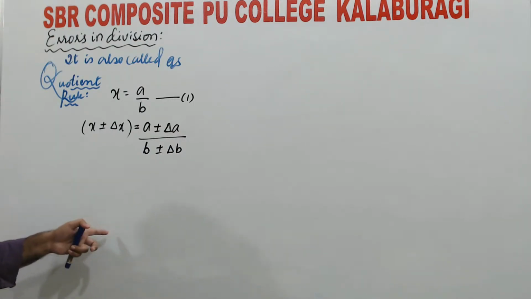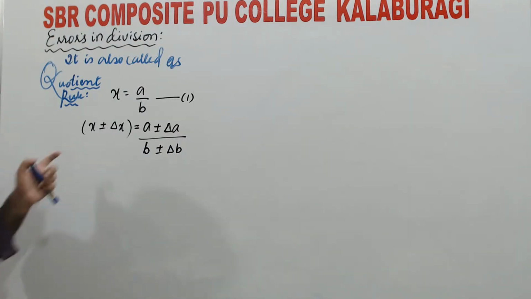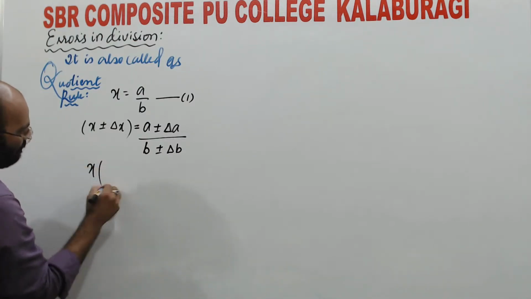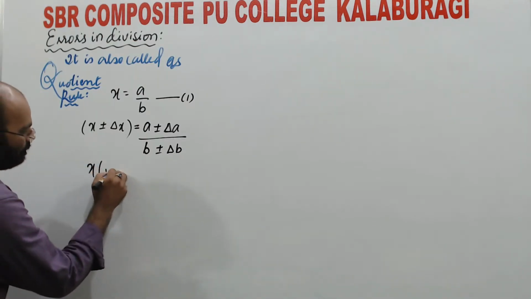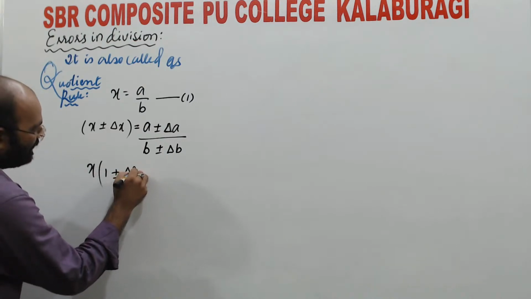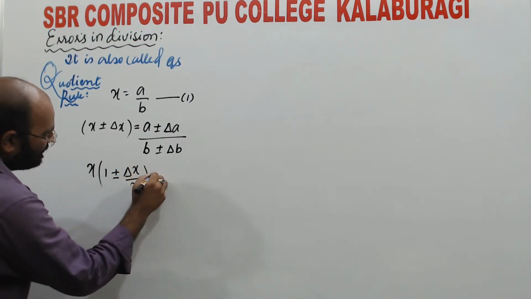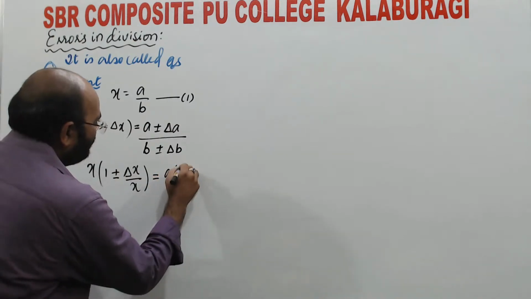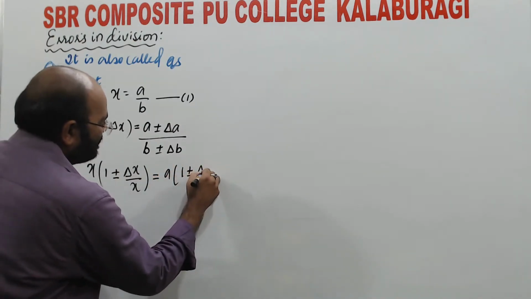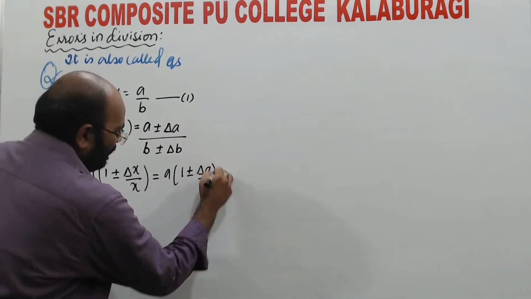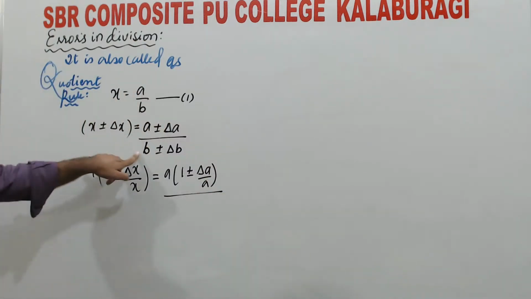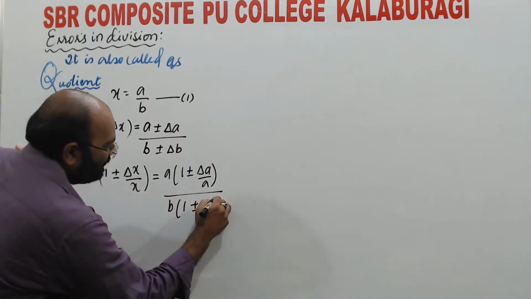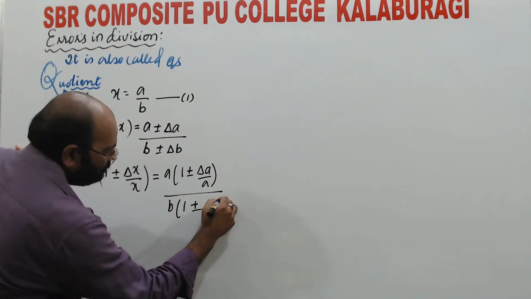Apply the same procedure we followed in the previous video. Take x as common: x into bracket 1 plus or minus delta x by x equals, taking a as common, a into bracket 1 plus or minus delta a by a, whole divided by, taking b as common, b into bracket 1 plus or minus delta b by b.